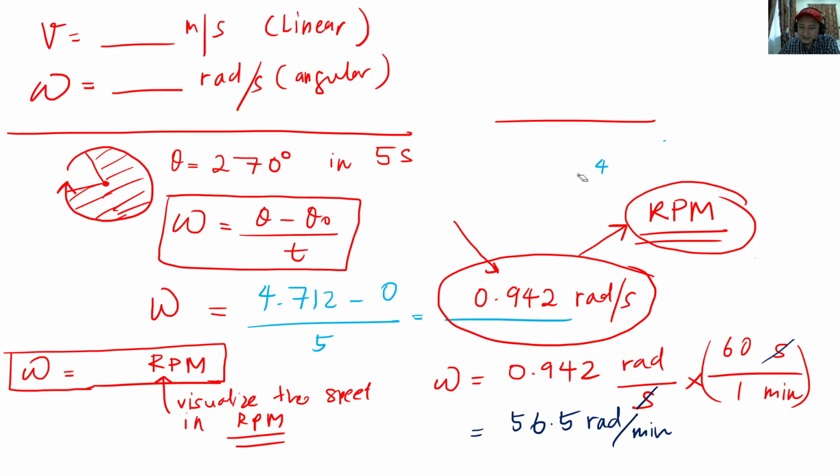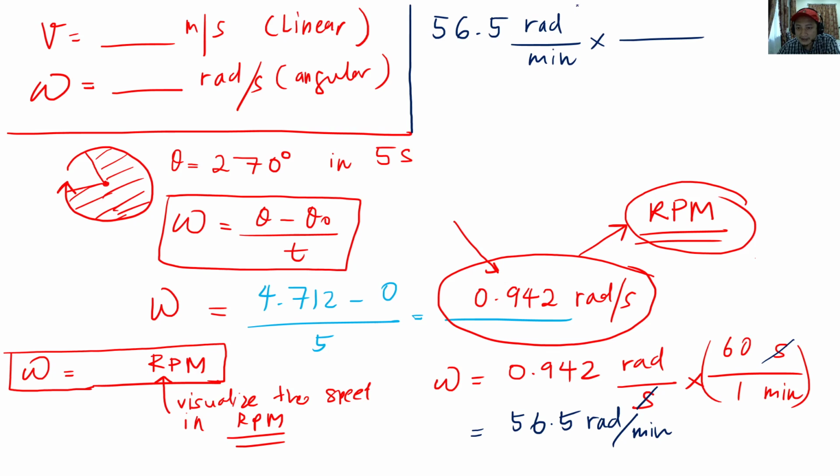You have to do the translating again. So now let's do it. 56.5 radian per minute. I need to get rid of radian, so I gotta put radian at the bottom. 1 radian is equal to, who would know?